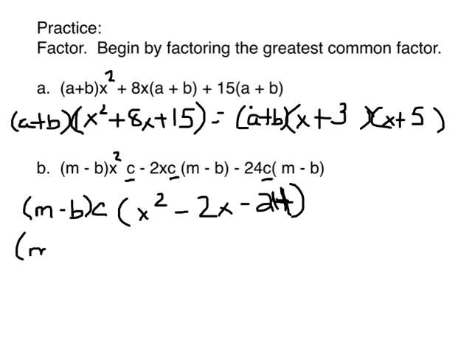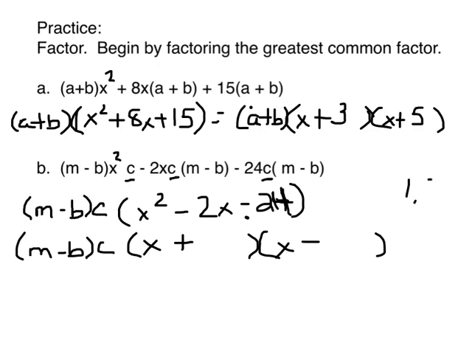We'll just bring this down, m minus b, c. For x, we're going to need one negative and one positive, since this is negative right here. So we'll put a positive and a negative. All right, the factors of 24 that would add or subtract to 2.